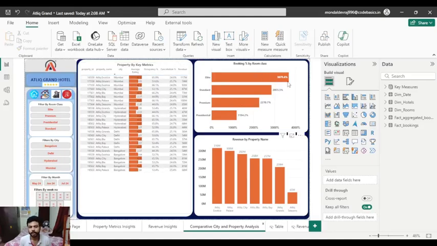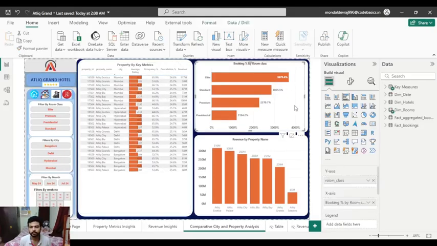And coming to the right hand side, we can see a bar chart. In the bar chart, we can see that the elite class has the most booking percentage, that is 3,679.6%, and presidential has the lowest, that is 1,194.2%.